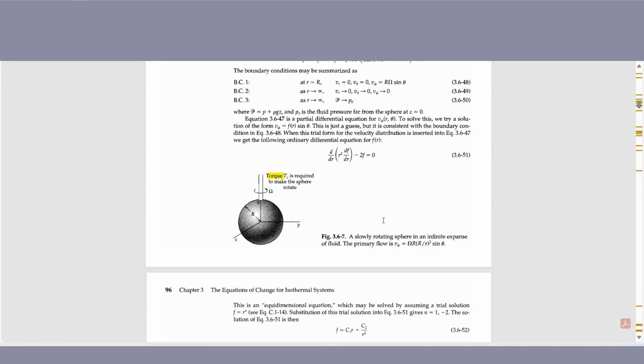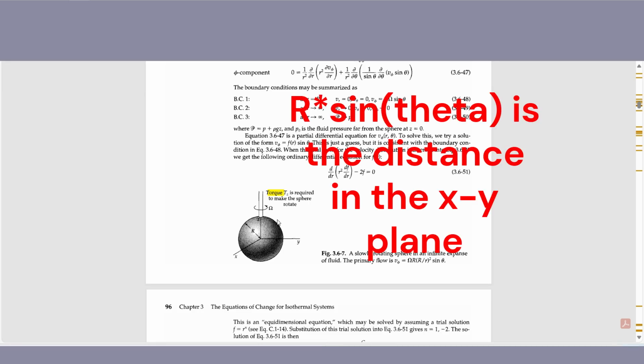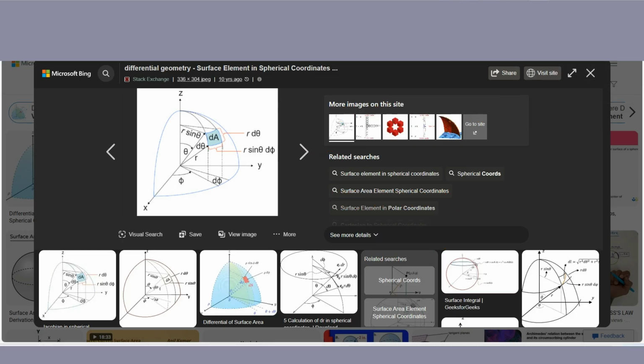That lever arm, if you look at this, the rotation in the sphere is about the z-axis, in the x-y plane. If we look at this drawing, r sine theta is this line here.